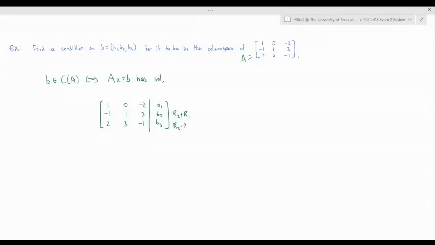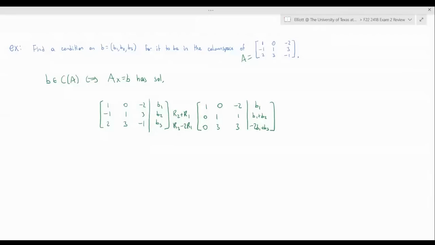So I'm going to do row 2 plus row 1, and row 3 minus 2 row 1, okay?